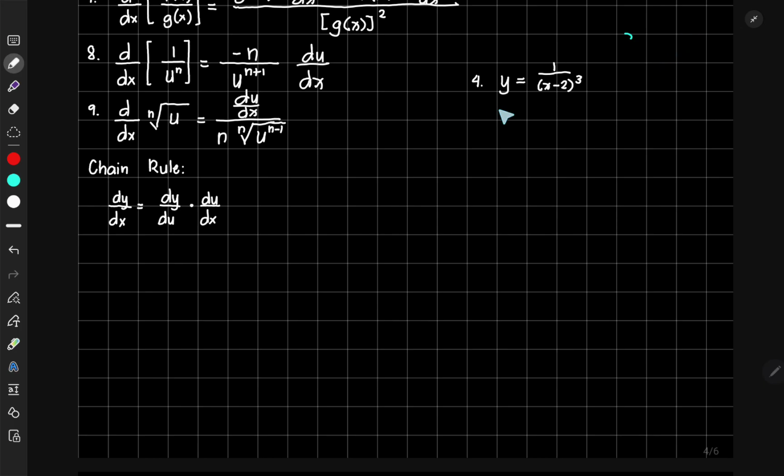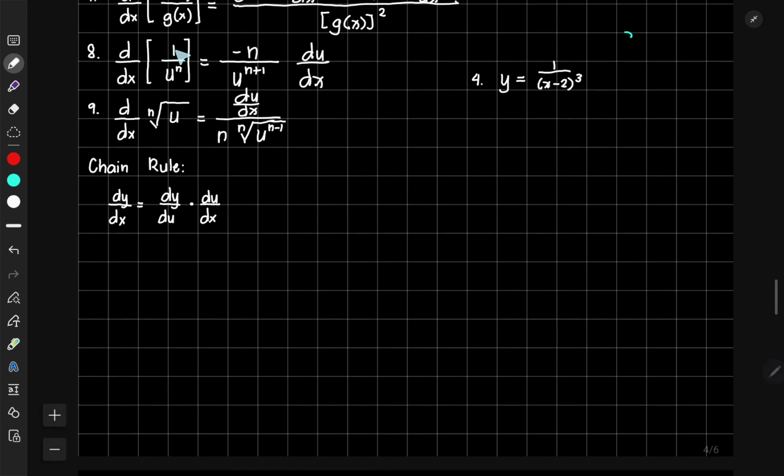So fourth example. So we have y is equal to 1 over x minus 2 raised to 3. So we can use the chain rule here. So chain rule and our 8th rule, which is 1 over u raised to n.